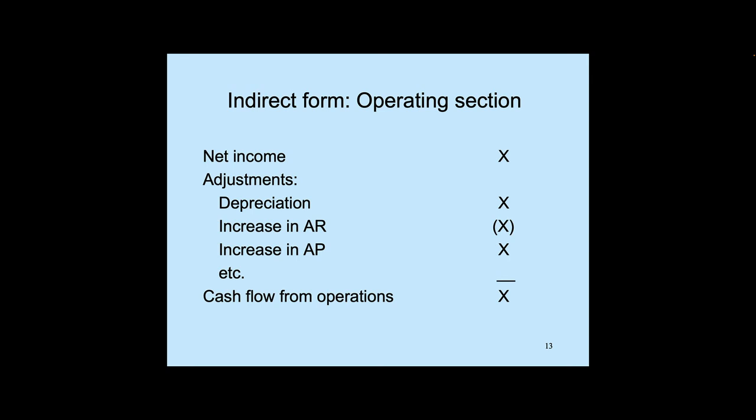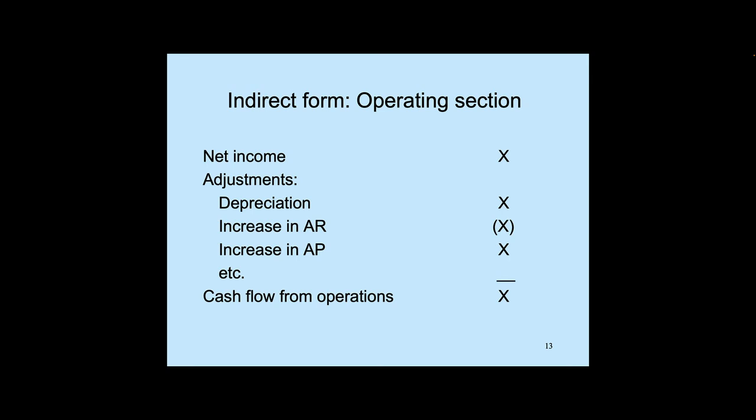And as you know, an increase in accounts receivable, a debit to accounts receivable and a credit to sales, increases revenue, but it does not increase cash. So we subtract that increase in accounts receivable that had a positive effect on net income but didn't affect our cash flow. And an increase in accounts payable is used typically to pay for operating expenses.